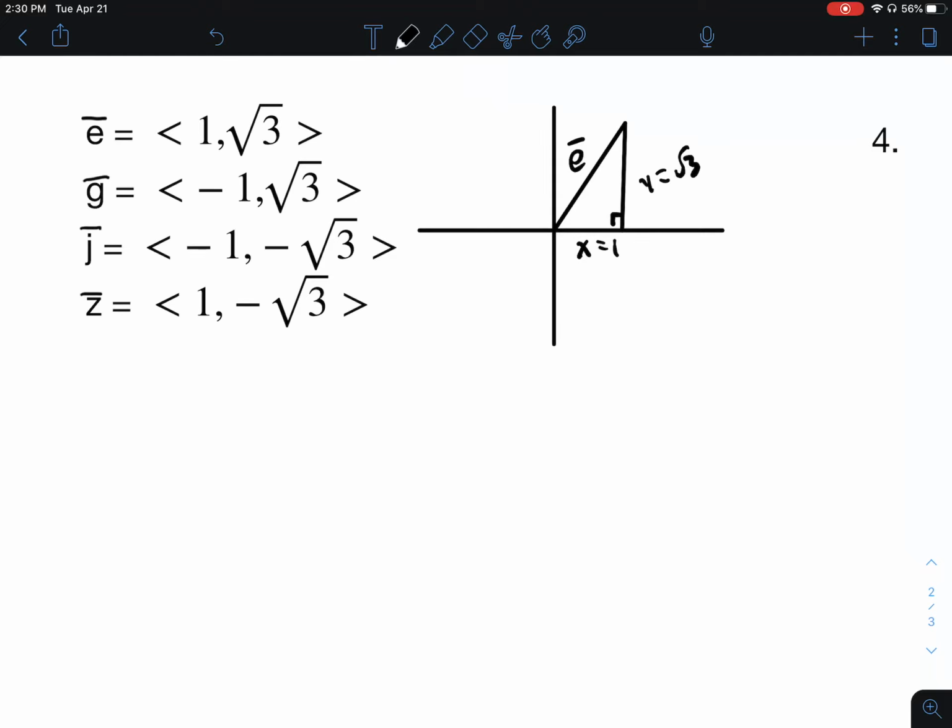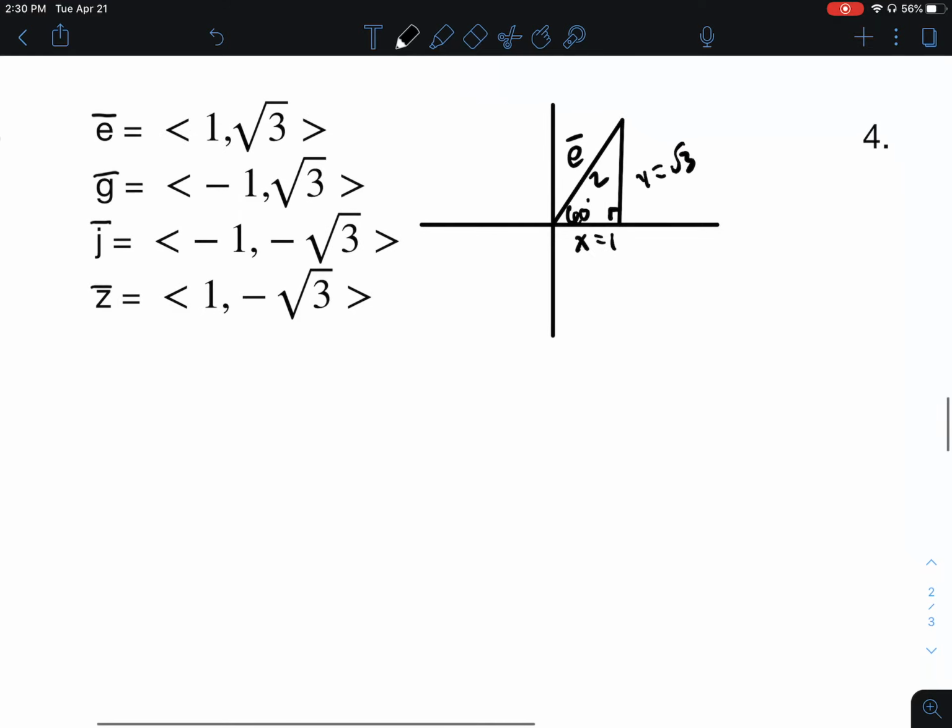That's going to make the reference angle 60 degrees, and that's going to make the magnitude 2, because the hypotenuse is always twice as big as the short leg. Therefore, vector E is going to have a magnitude of 2, and it's going to have an angle of 60 degrees.